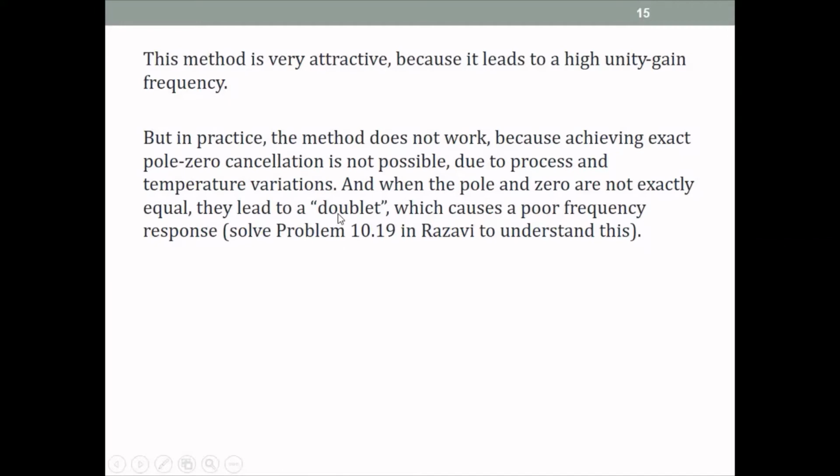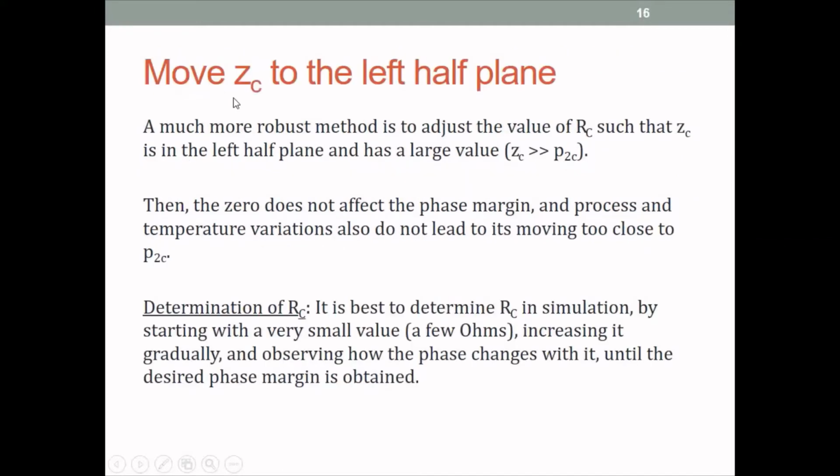Okay, so what is done? We can't do this. So what we do is the much more robust way of getting rid of the right half plane zero, which is to make the RC such that ZC moves to the left half plane and it has a very large magnitude.